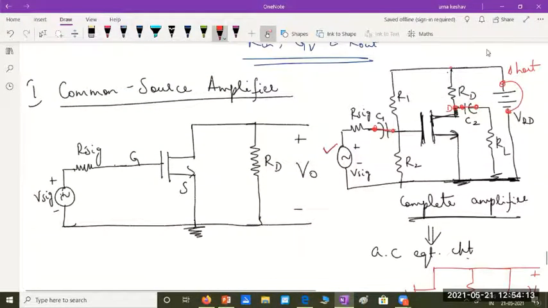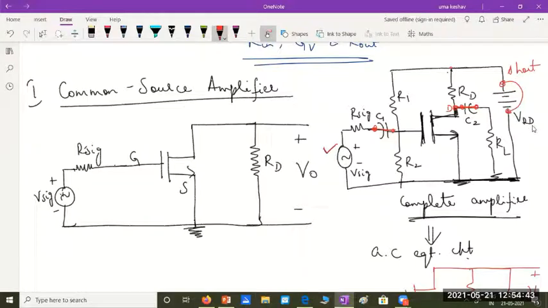So now we are done with the output side of the circuit, where we have two resistors connected between drain and ground. Remember, these capacitors are shorted and the DC source is also shorted. We assume the internal resistance of VDD is 0. Since it's not mentioned, usually we'll consider the resistance of the DC source to be 0.